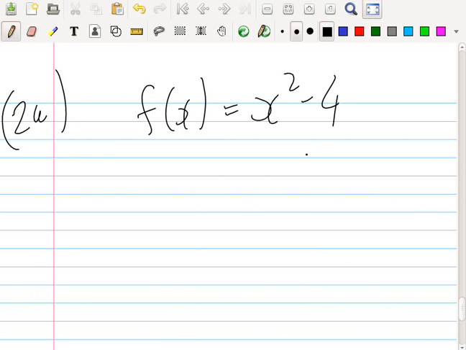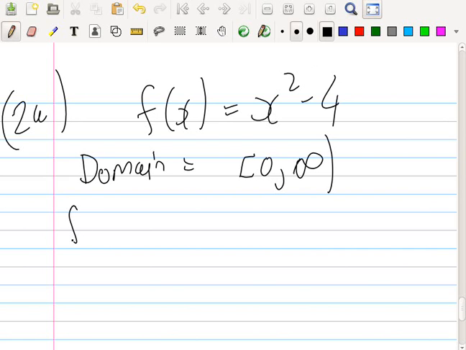So for example, if I said domain is equal to 0 to infinity, now is it possible to have two different x values but the same y value? If possible, give me the two x values that make the same value here. Quick check. What's f(0)? Come on, quick.